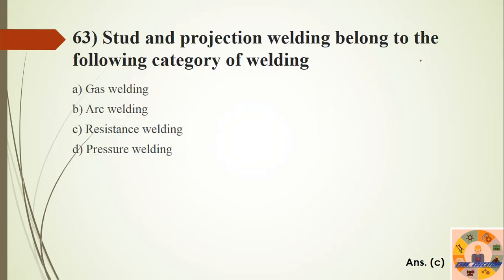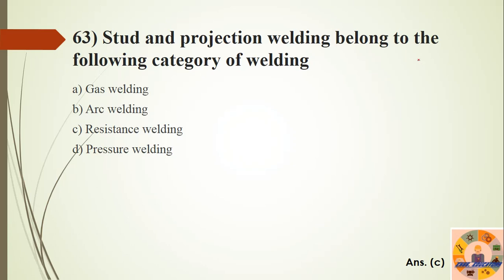Next question is, the stud and projection welding belong to the following category of welding: option A gas welding, option B arc welding, option C resistance welding, or option D pressure welding.